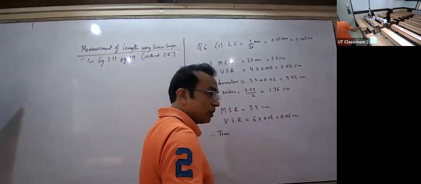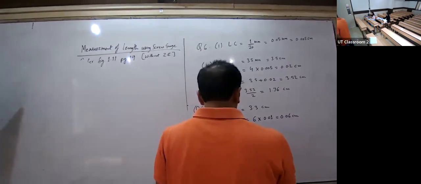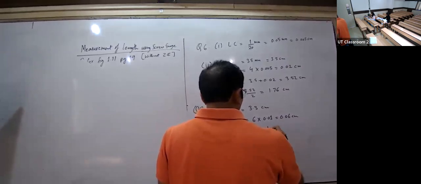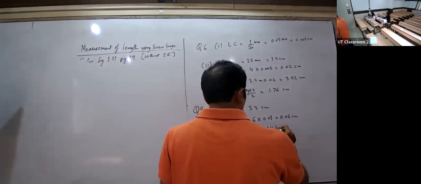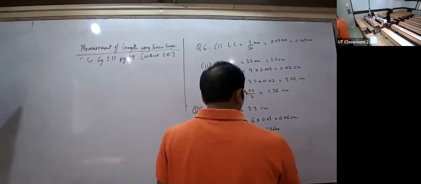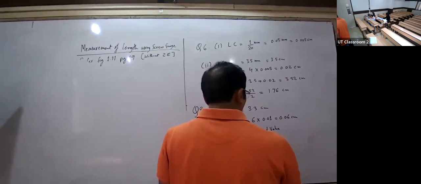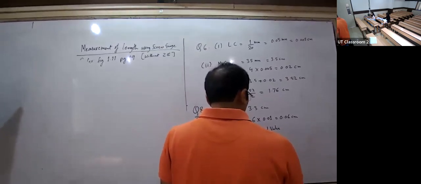Because there is no zero error given in the question, that means no zero error. The value is equal to MSR plus VSR. How much is this? Is it 3.36 centimeter? Yes.